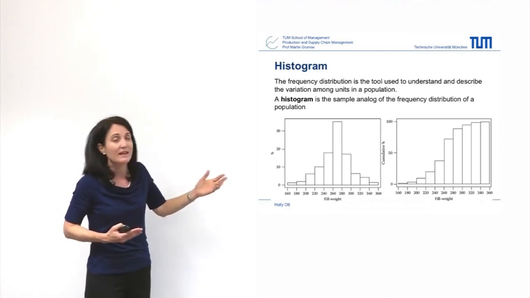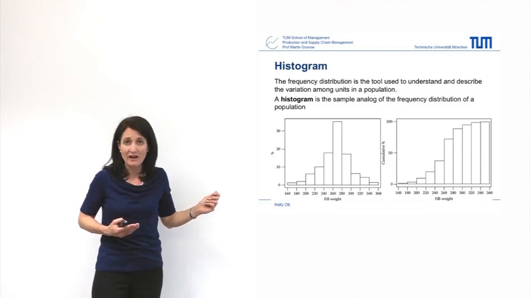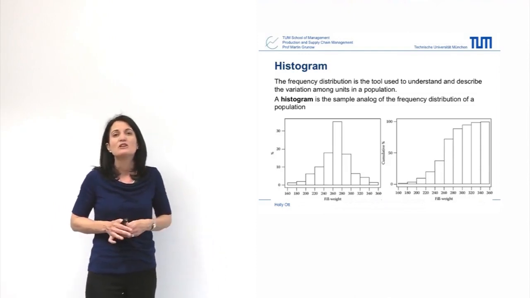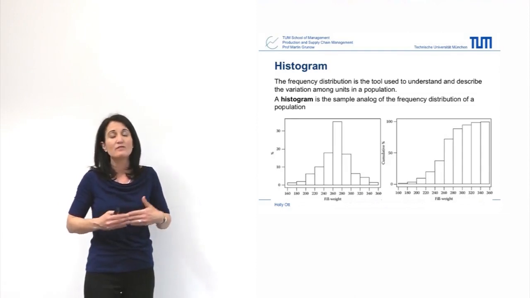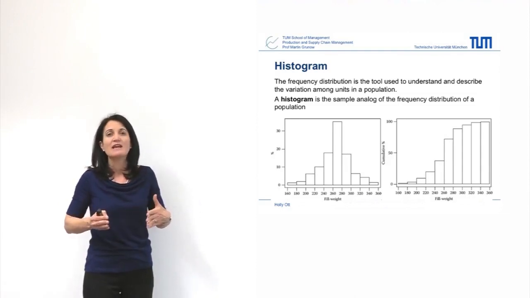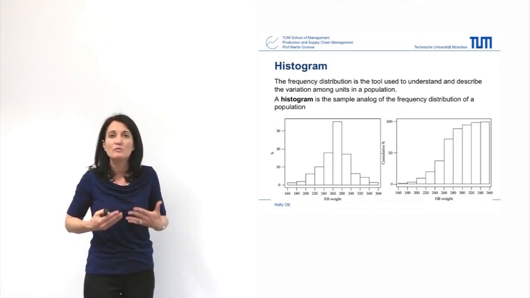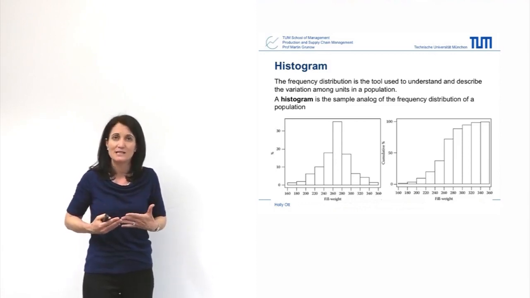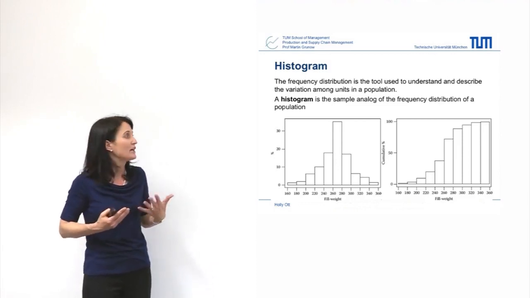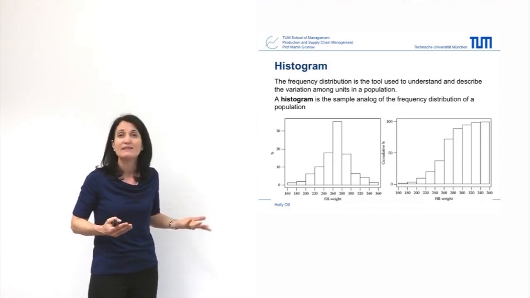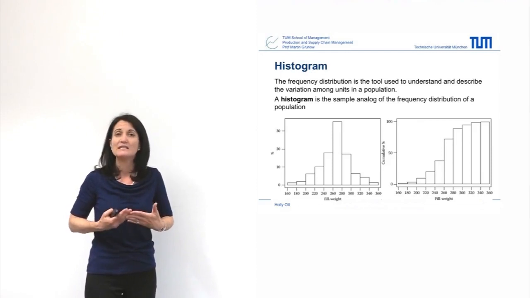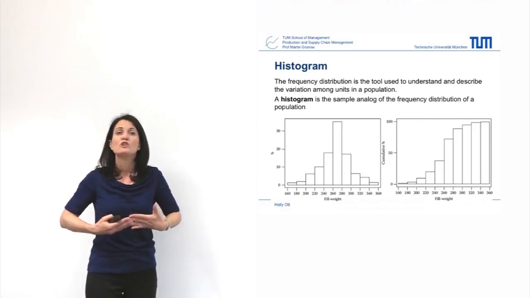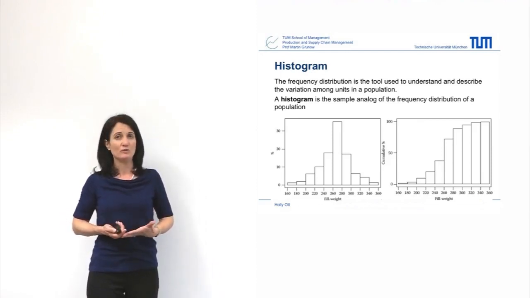You can also have a cumulative graph, which means you start with the lowest possible value, or the lowest possible range, and you accumulate the points up until a maximum point. These two types of graphs are used very extensively in data analysis and data presentation to show the data that you've collected.